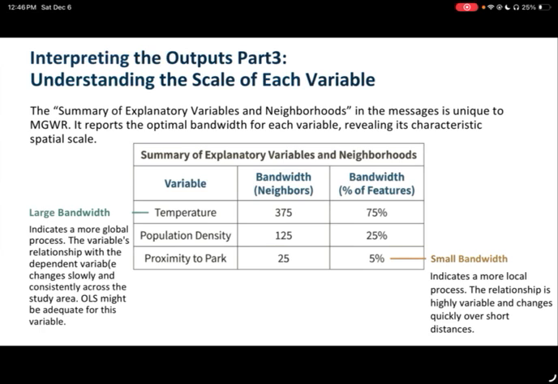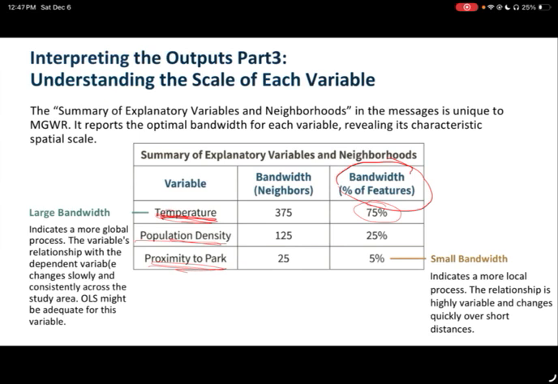And specifically for MGWR, since they have a different bandwidth value for each variable, we can further interpret the models. For example, if the variable here is temperature, and it has a bandwidth feature of 75%, which means it almost reaches 100% of your data sets.